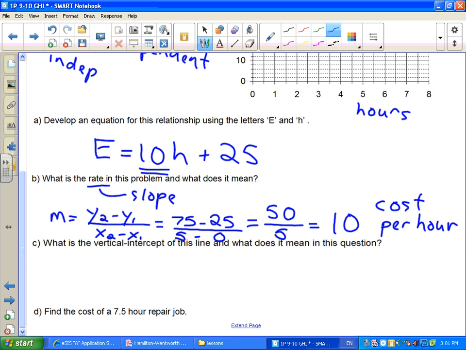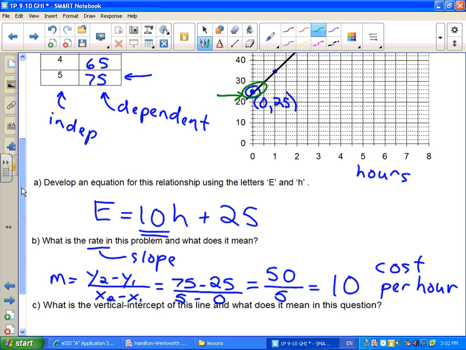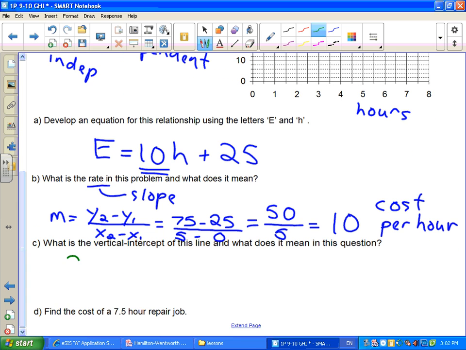What is the vertical intercept of this line and what does it mean in this question? Well, the vertical intercept is the point where this thing crosses our vertical axis. So this crosses our vertical axis right here at our point 0, 25, or just the value 25. What does it mean in this question?